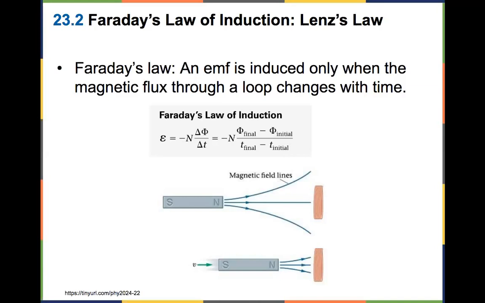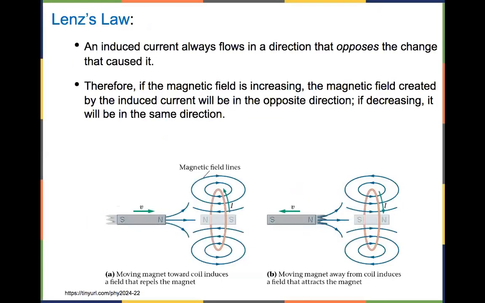The negative sign comes from Lenz's law, which says the induced current always flows in a direction that opposes the change that causes it. There are a couple of examples here that we went through last time. We won't go through them again, but you can use them to practice Lenz's law.